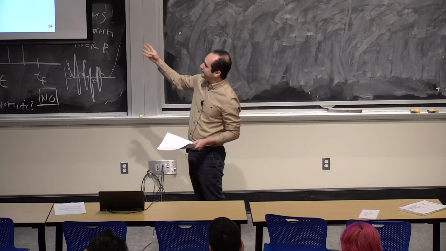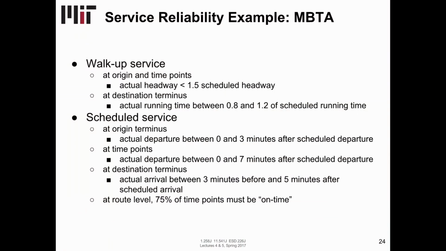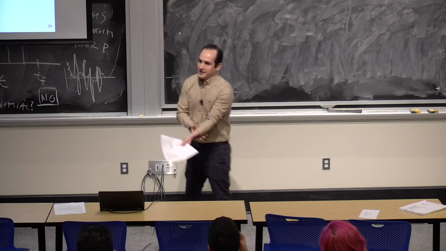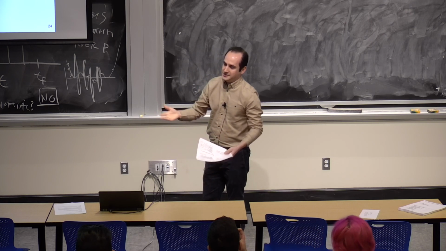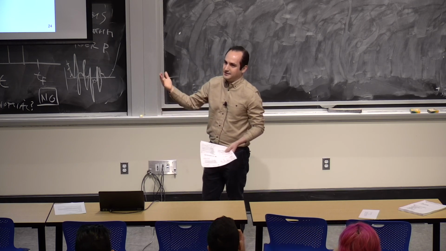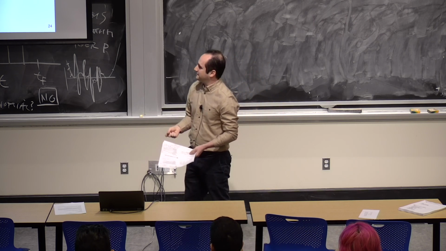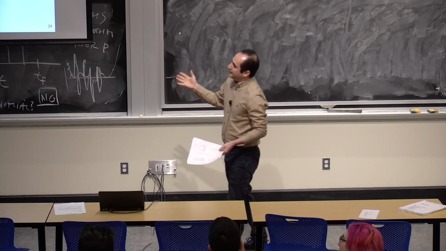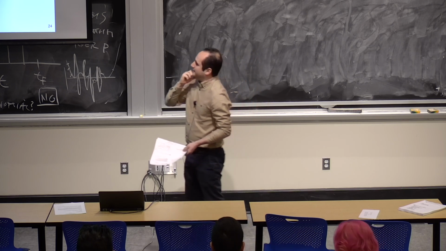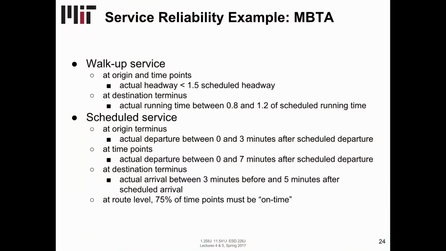And then at the destination, MBTA allows up to 3 minutes early and 5 minutes late. It should be obvious why it allows early arrivals at the destination, because it's the last stop and we don't need to worry about arriving early to the final destination. At the route level, there is one other guideline: 75% of time points must be on time.